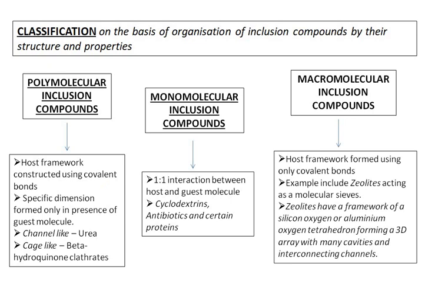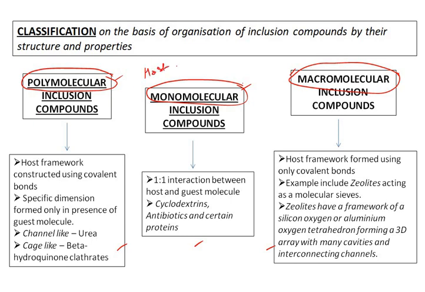Here you have to see only these three words: polymolecular, monomolecular and macromolecular, nothing else. You don't have to go into more detail, only these three words will make it clear. Polymolecular, monomolecular, macromolecular, it's all about the host molecule.